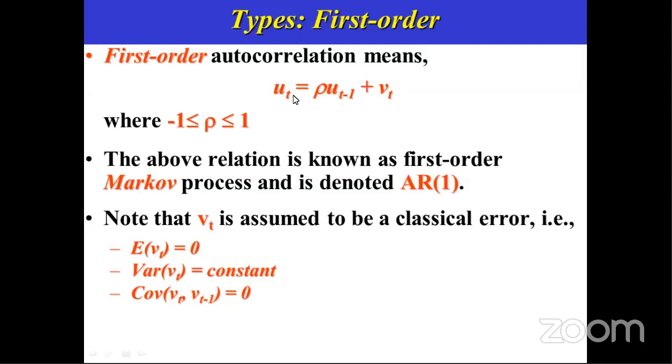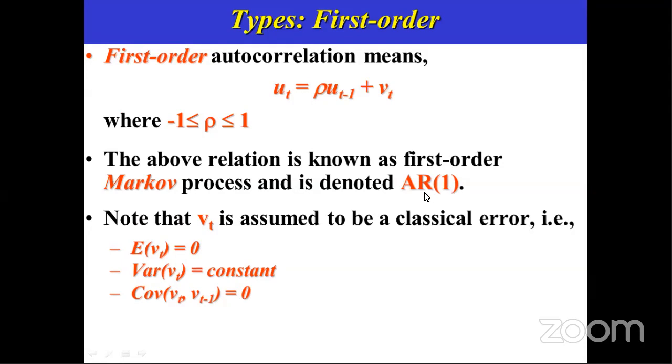If we express the relationship between the two errors, ut and ut minus 1, in this form, this is called the first order autocorrelation or first order Markov process. Markov is the name of a statistician. So, Markov process, and in the literature it is denoted and called AR1, that is autoregressive order 1.